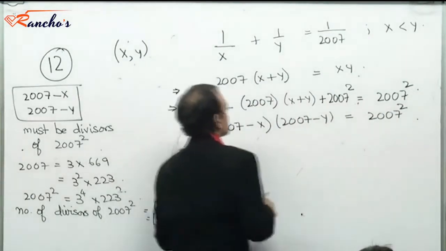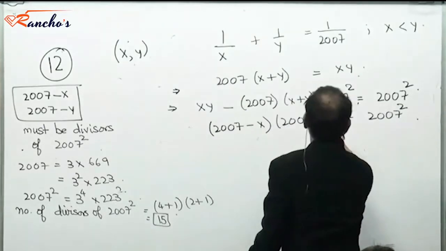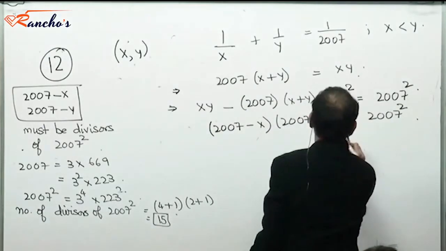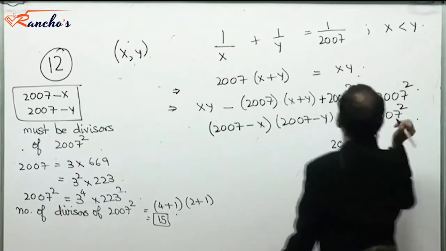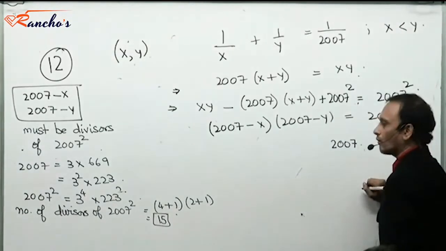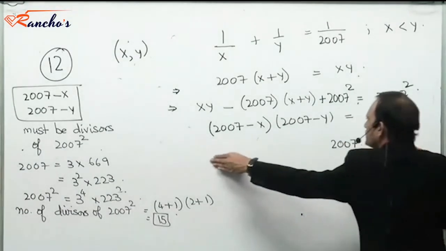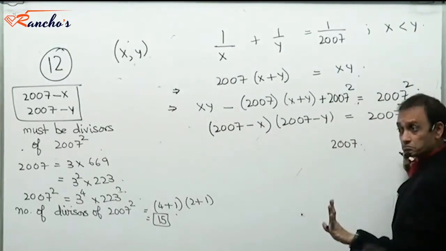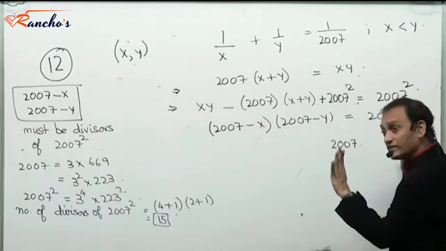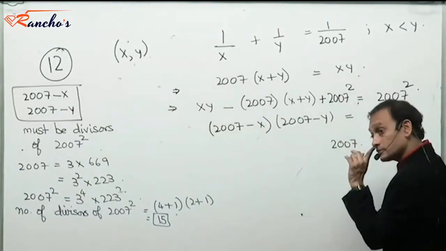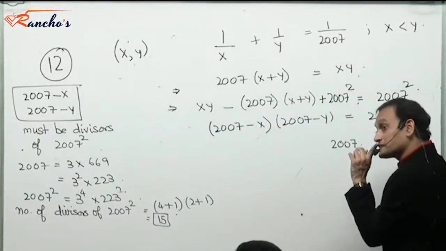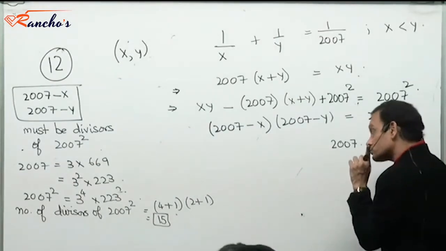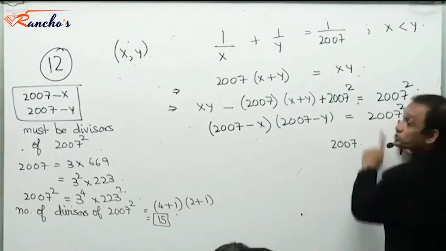In my scheme of things, when I start to elaborate on the factors of 2007 squared, there are 15 factors in all, of which 2007 is one factor, because this is a perfect square.